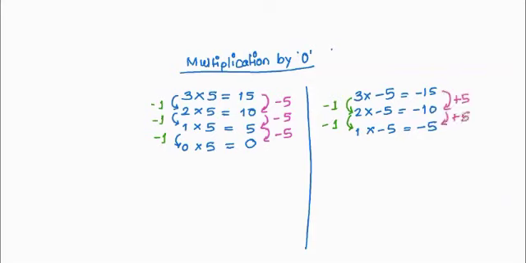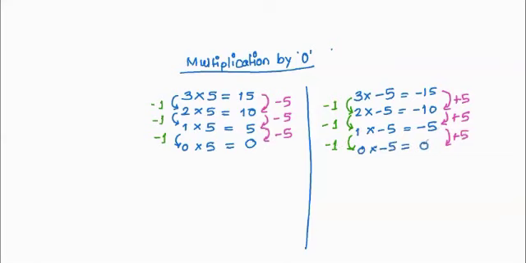So what would happen if I reduce the multiplier further by 1? The answer has to increase further by 5, correct? So let's see what happens. From 1, minus 1 is 0. So 0 into -5 is equal to -5 plus 5. -5 plus 5 is 0.